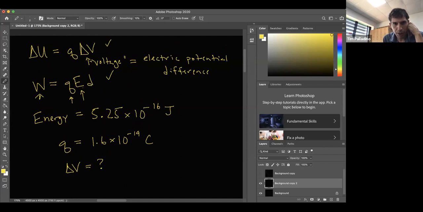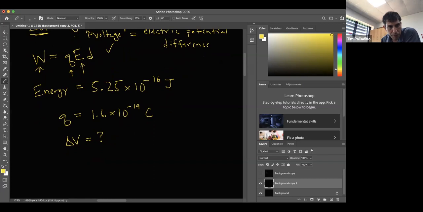This one here is electric potential energy, it's still energy, charge, and the voltage, the electric potential difference. So when you're like, oh, which equation should I use? Write the two equations down. See what terms match the quantity that you're looking for.